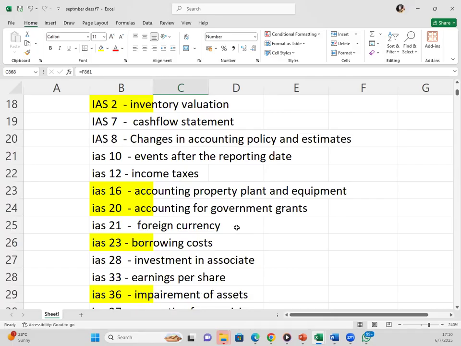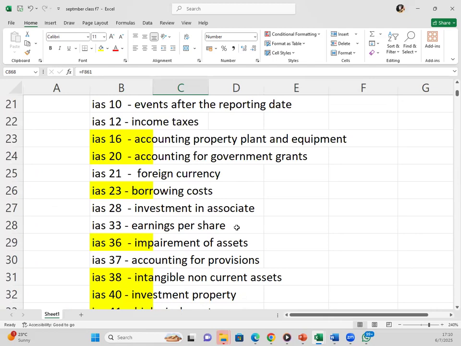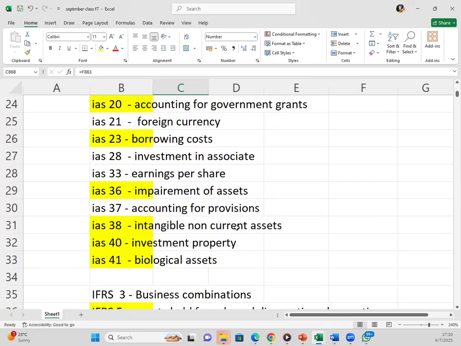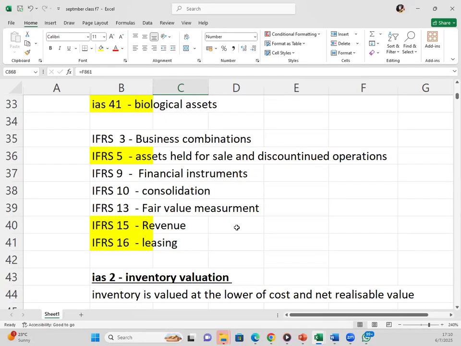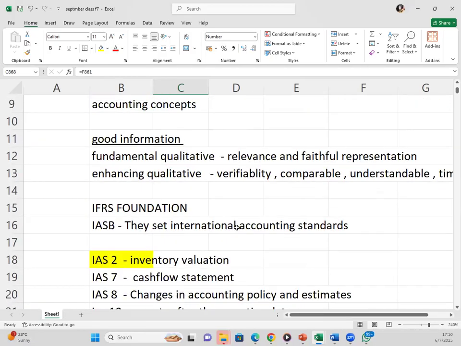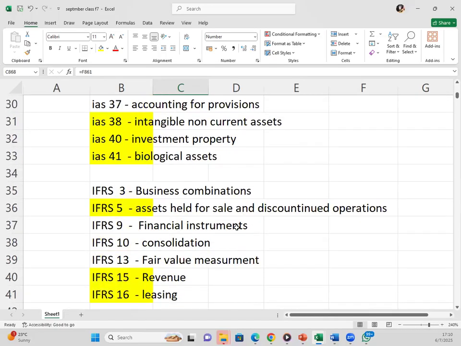Those that have been marked in yellow, we've done them. I think the pace is okay because after this one, we look at consolidation. Then the rest of the standards, some of them we can even cover 2 in a session because they won't be having much. So after this one, another main area is IFRS 10 consolidation.